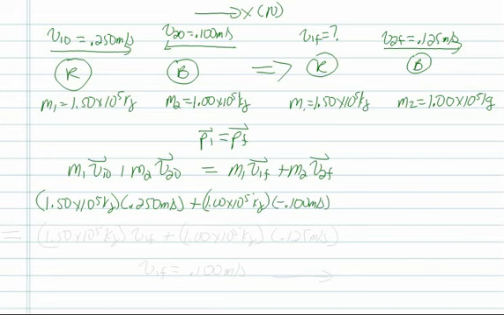That's going to be equal, so we'll just go to the next line, equals 1.50 times 10 to the 5th kilograms, V1 final, plus 1.00 times 10 to the 5th kilograms, 0.125 meters per second. So it's just a long equation.